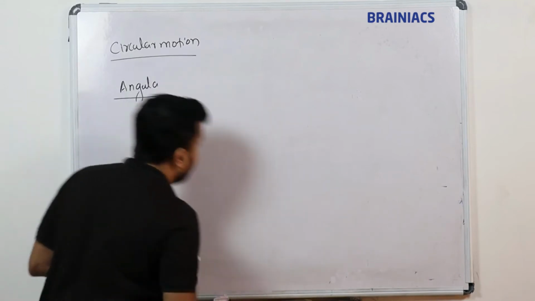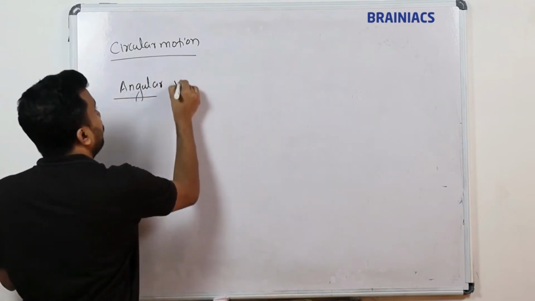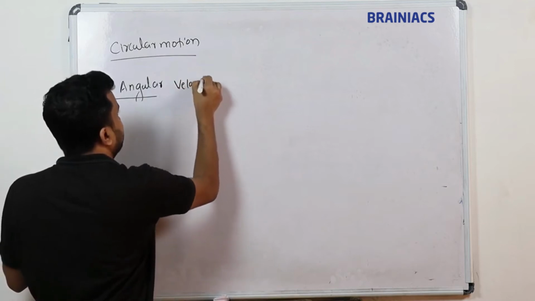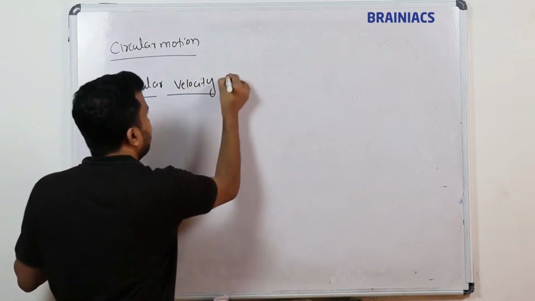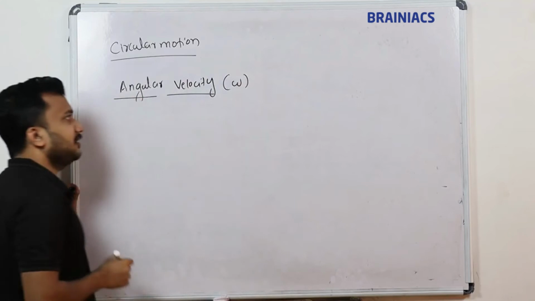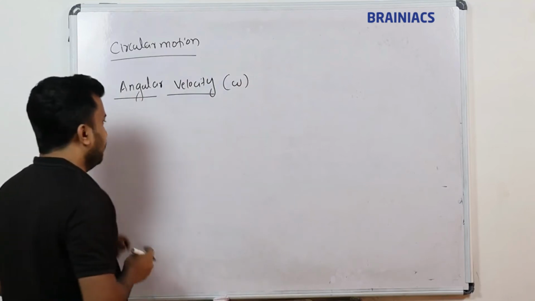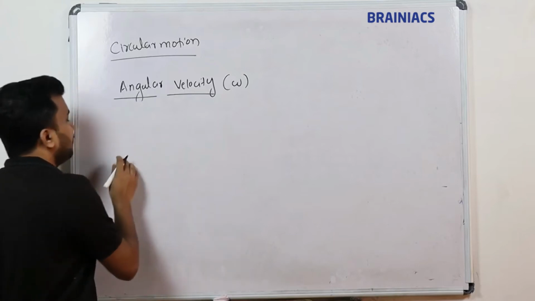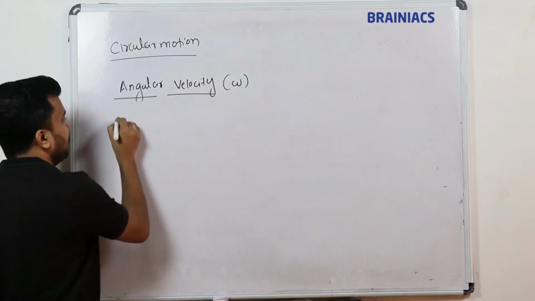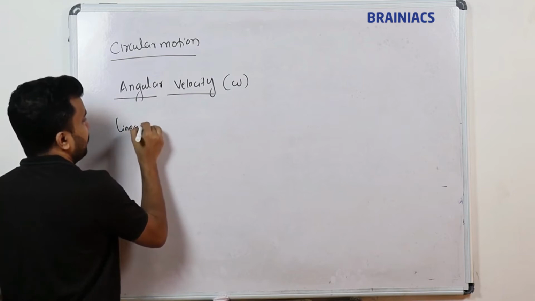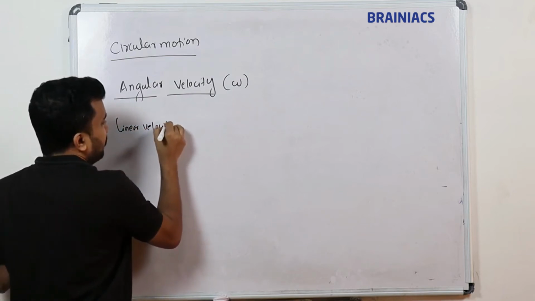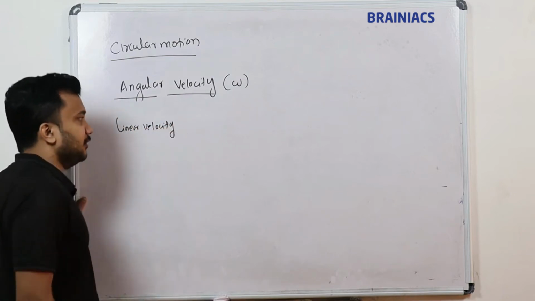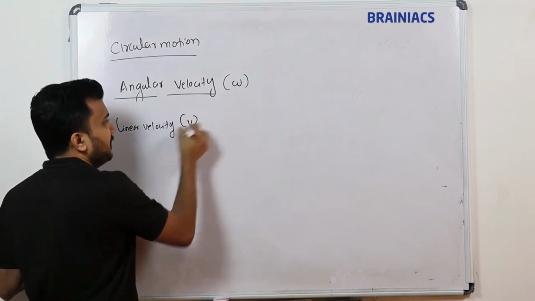The next topic is called angular velocity, which is represented by the letter omega. Again, first I have to define linear velocity. In one dimensional motion you have learnt about linear velocity, represented by v.